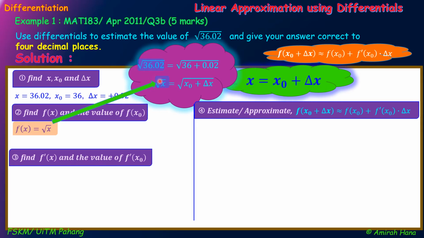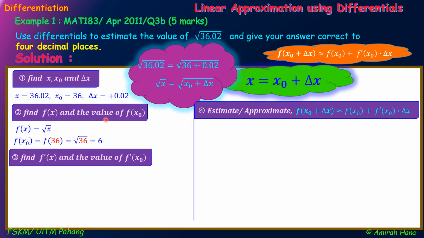So we have the square root of x, and when we compare, it is actually the given question. This means we can write the square root of x as f(x), because it is in variable x.